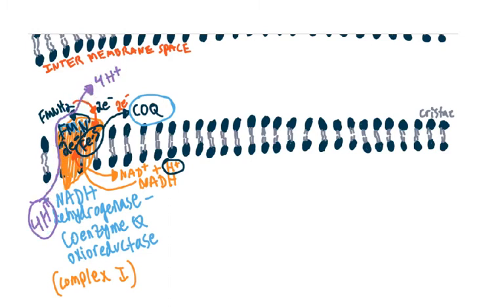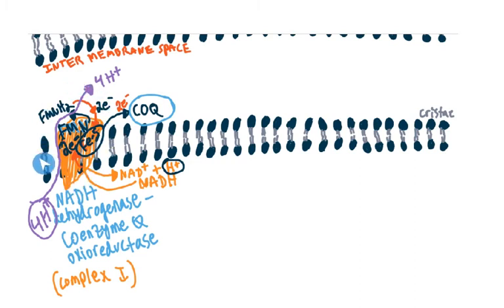So what happened is that when NADH got oxidized, it lost 2 electrons. These 2 electrons were picked up by flavin mononucleotide, which got reduced to flavin mononucleotide H2. Then flavin mononucleotide H2 gave those 2 electrons to iron sulfur clusters inside the NADH dehydrogenase complex.